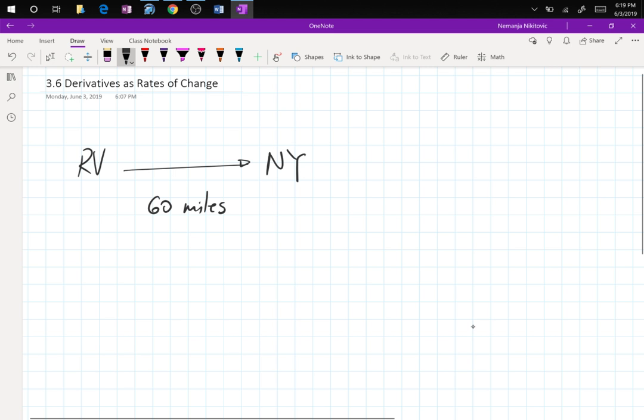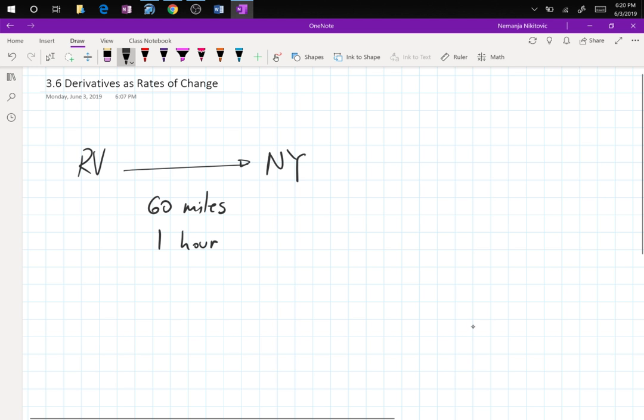So you never know, you might never get to your destination. So up to the bridge or a tunnel, and that's it, right? So 60 miles. That would be the distance that you are covering. And let's say that you are able to do that in 1 hour.